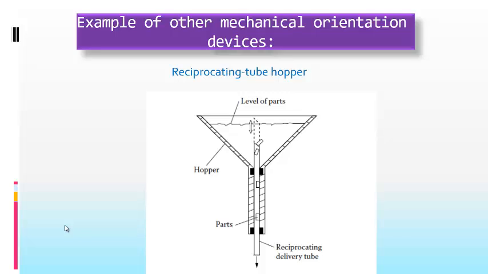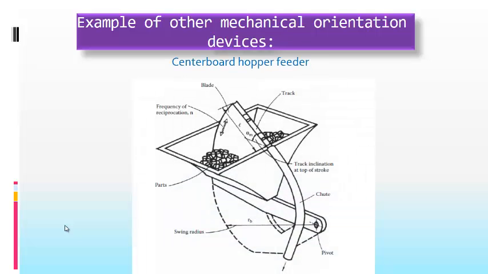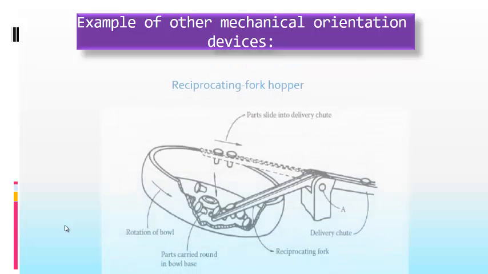Here is a reciprocating tube hopper, which makes the part go down onto a chute. Here is a center-post hopper feeder, where a plate moves up and down, reorienting the part, and the part then goes through a chute.